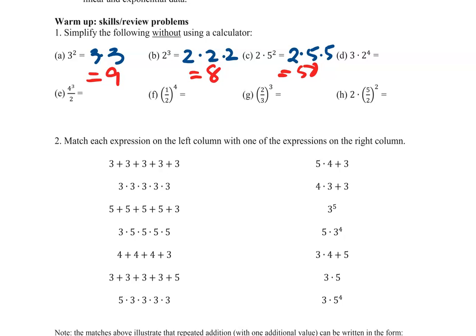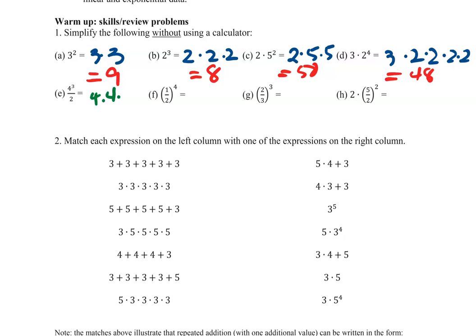Then 3 times 2 to the 4th, so 3 times 2 times 2 times 2 times 2. And 2 to the 4th is 2 times 2 is 4, times 2 is 8, times 2 is 16, times 3 is 48. E, 4 cubed over 2.